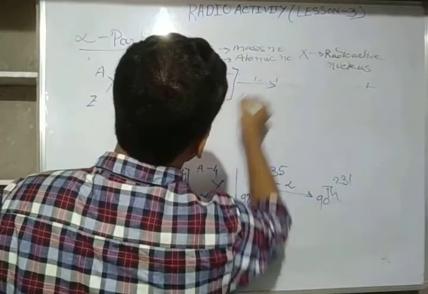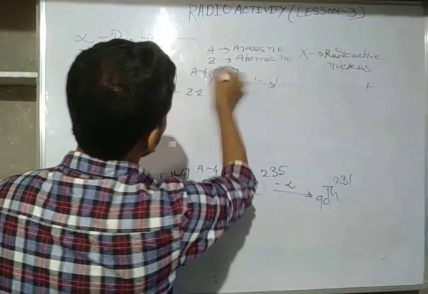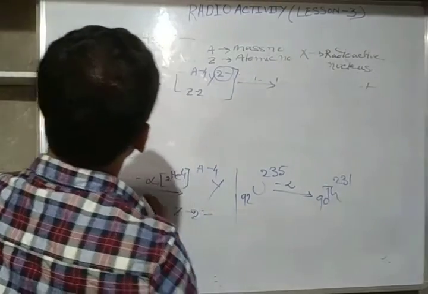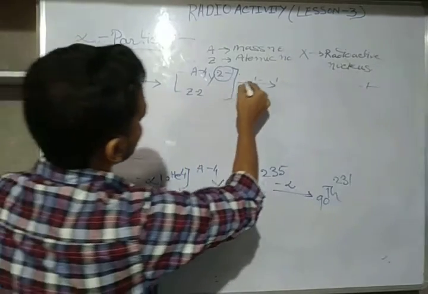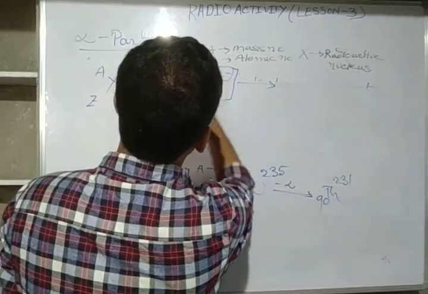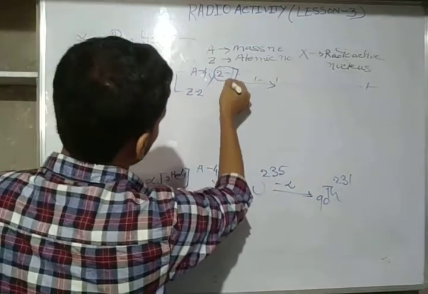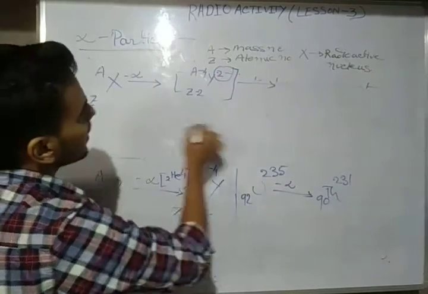This 2 unit negative charge is released in the surrounding and this nucleus becomes neutral, and the released negative charge is captured by the alpha particle.